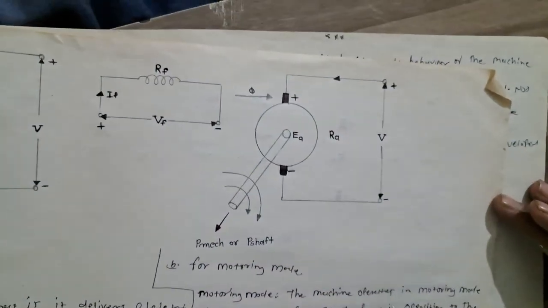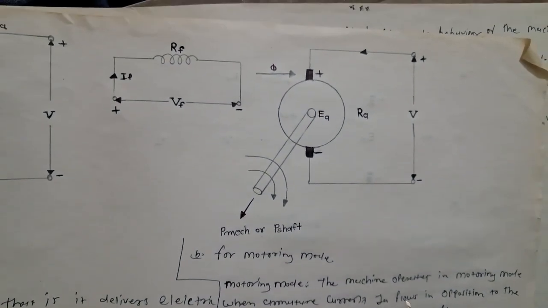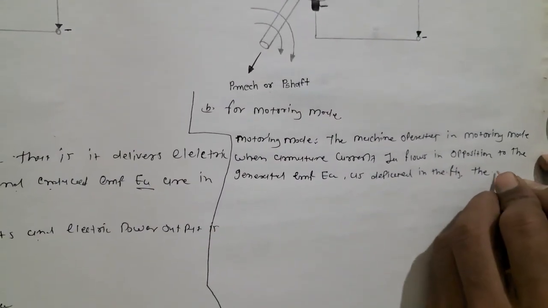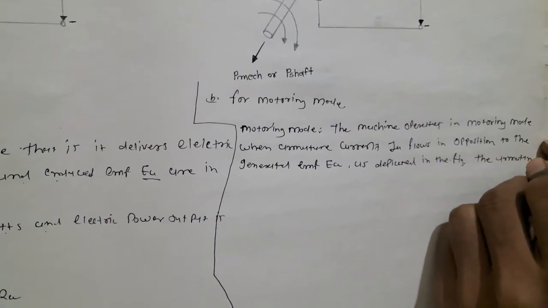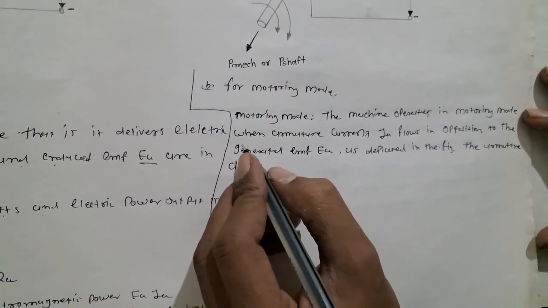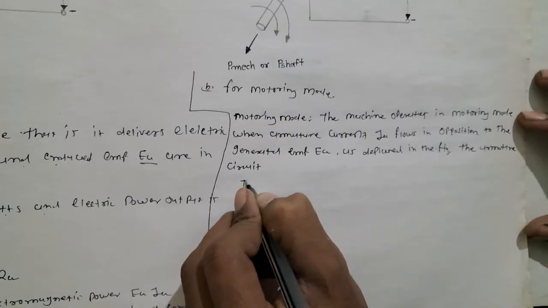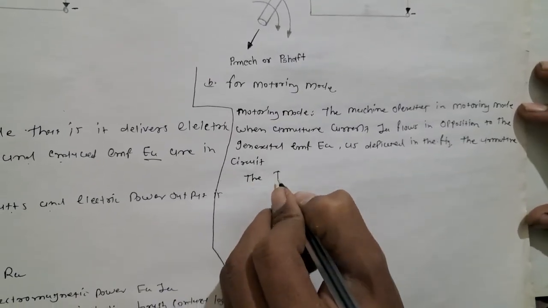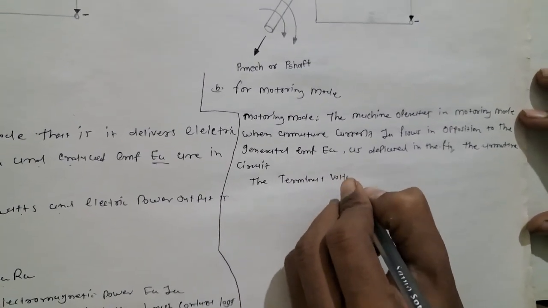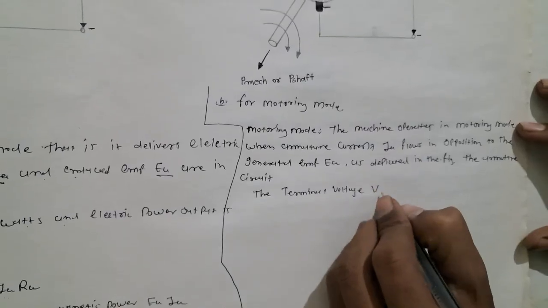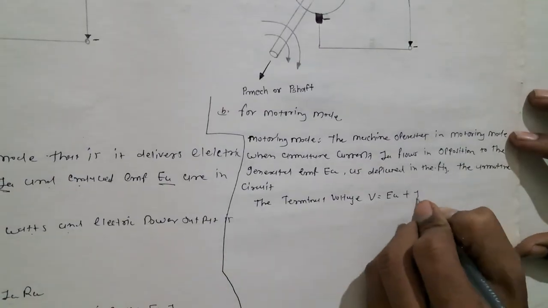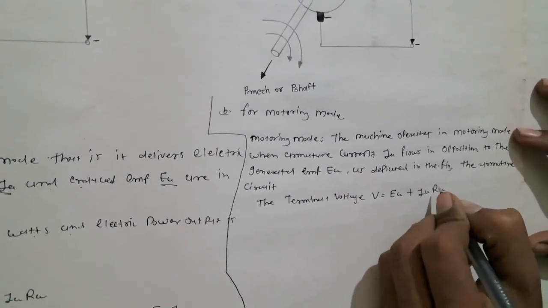Okay, in this figure B, motoring mode, the armature circuit terminal voltage V is equal to EA plus IA RA.